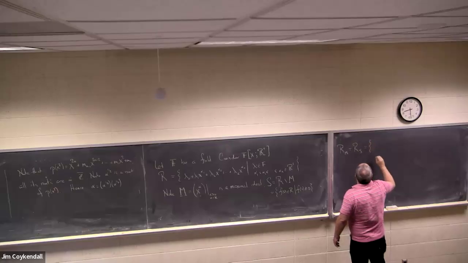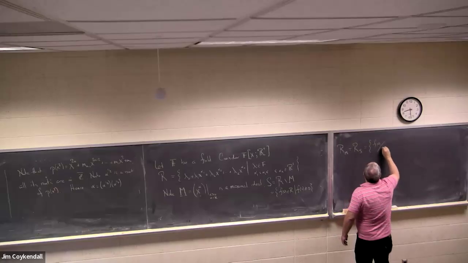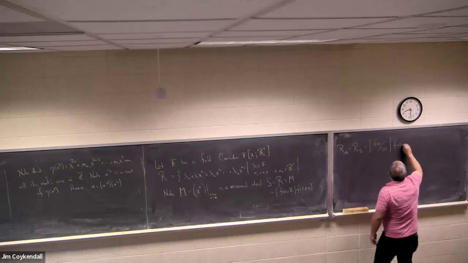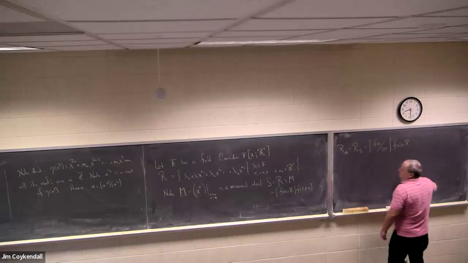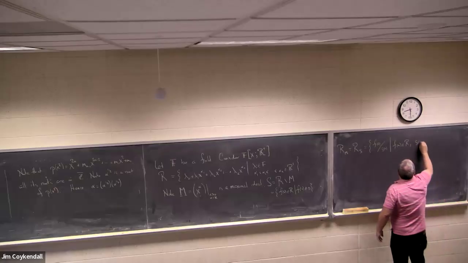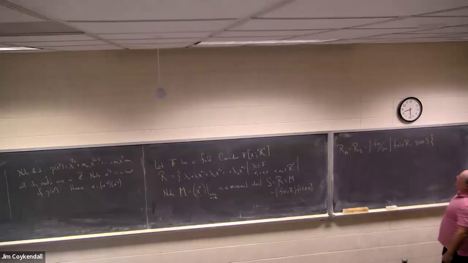They're the set of f of x over s of x, where f of x is anything in R and s of x is in S. So this is just the collection of stuff that has a non-zero constant term. Okay.